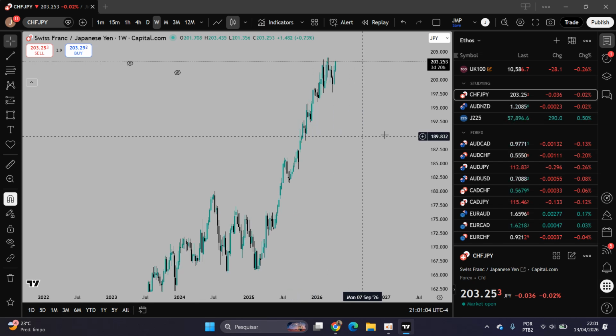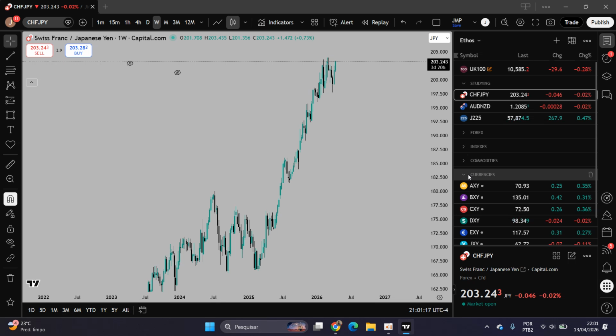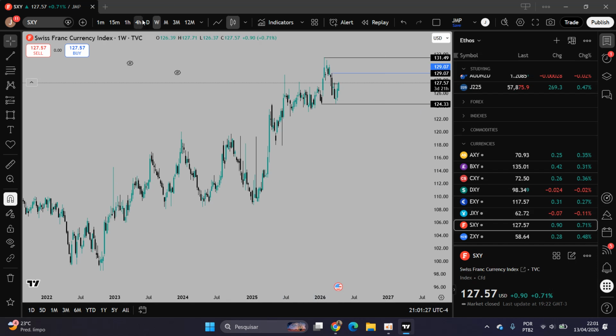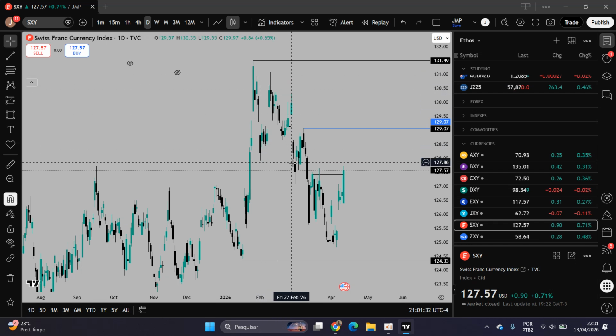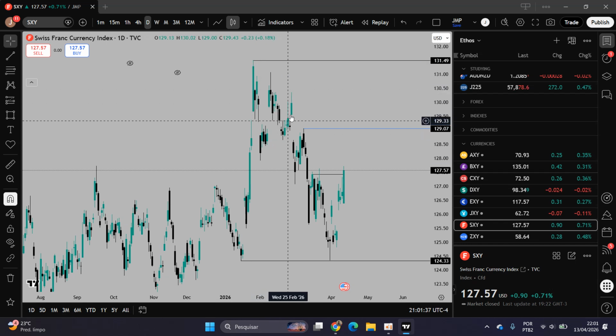So you guys have to understand that when we are talking about forex pairs, we're talking about two currencies, where we want to buy the CHF and sell the JPY. And when we're looking at the currency of the CHF, and we see this right here, for example, price doing lower lows, of course this is inside this movement right here, but price is doing lower lows, right?